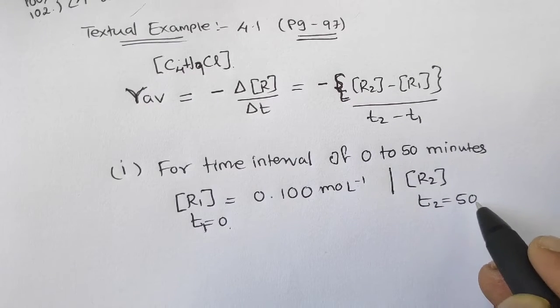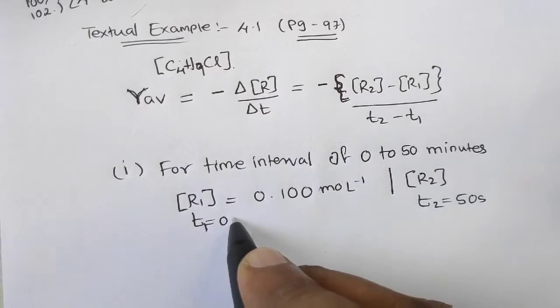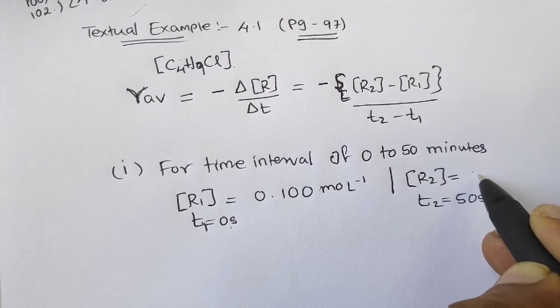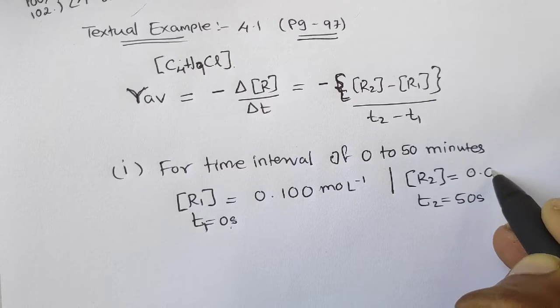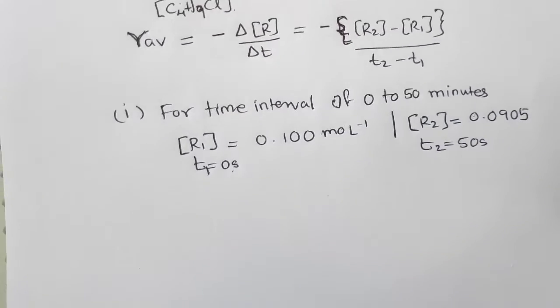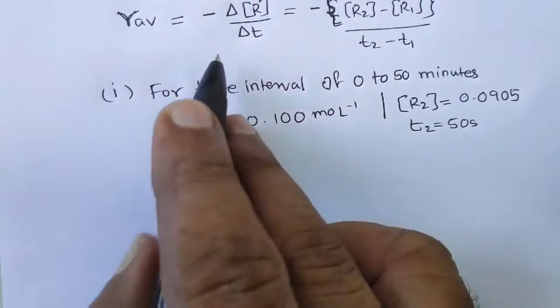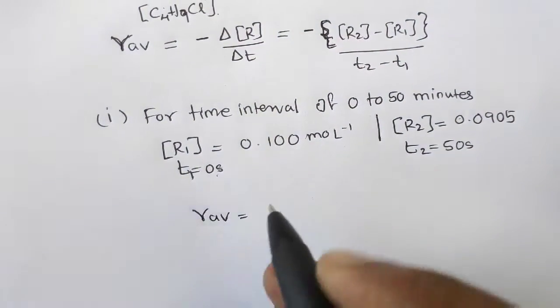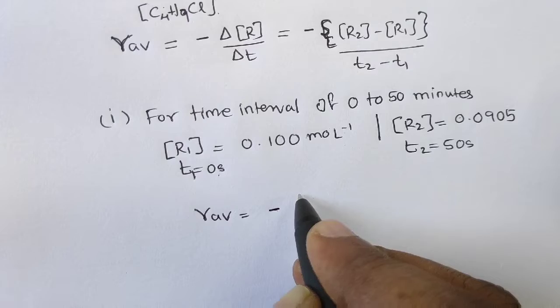Clear? So R2 is given as 0.0905. Now if we calculate this with the formula we have seen, RAV will be equal to R2 minus R1.